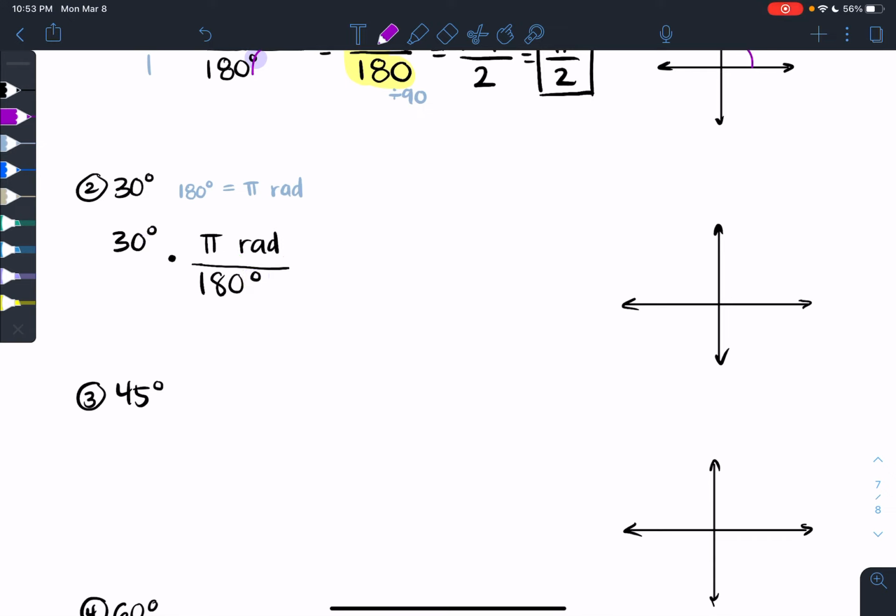So our degrees cancel, and now we just multiply across. If this is 30 degrees over 1, multiplying our numerators across, we end up with 30 pi radian over 180.